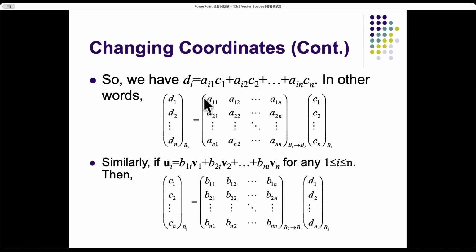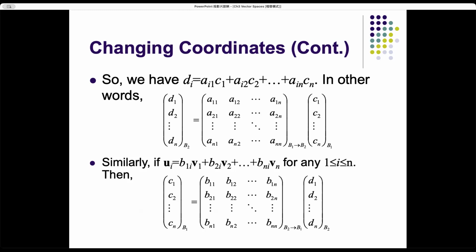Obviously, the other direction also applies: C1 to Cn with respect to B1 equals the matrix from B2 to B1 times A1 to An.